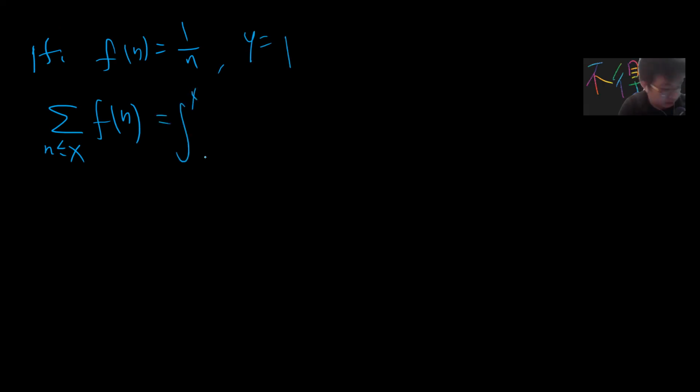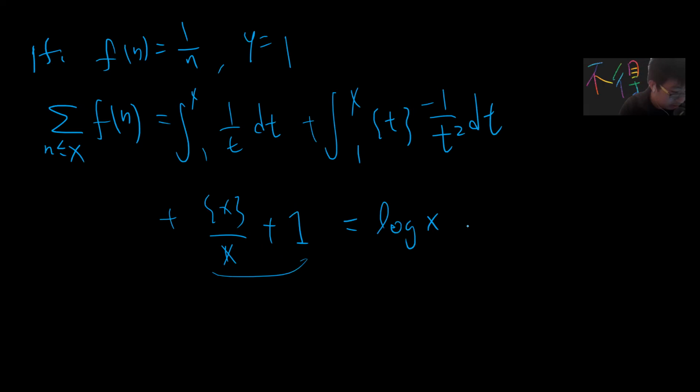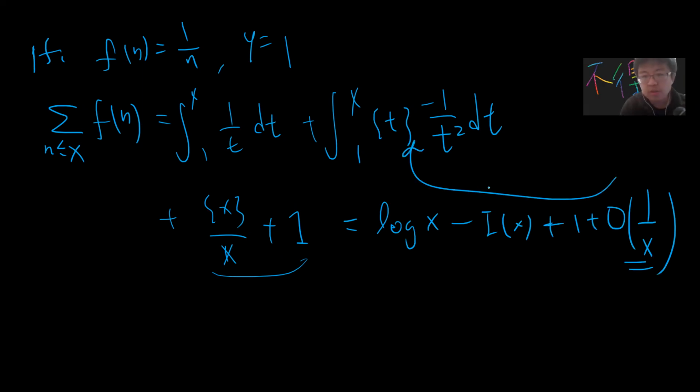Using the Euler summation formula, you get the integral of 1 over t dt, plus the integral from 1 to x of the fractional part of t times the derivative, plus the boundary terms. We don't care about two of these because they are constants, and the integral gives log x. So I can write log x minus I of x plus 1 plus O of 1 over x, where the 1 over x comes from the boundary term, because you get 1 over t and you can prove this.